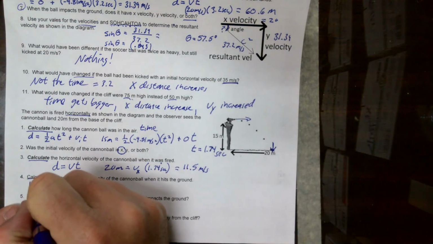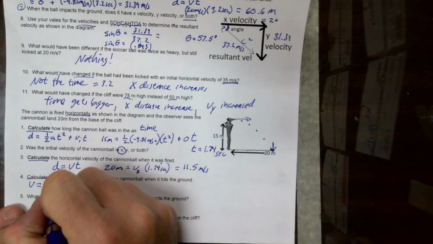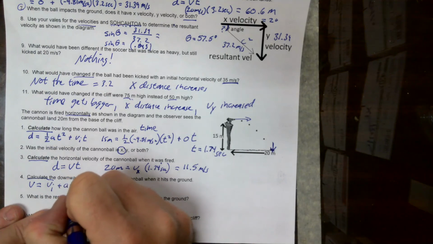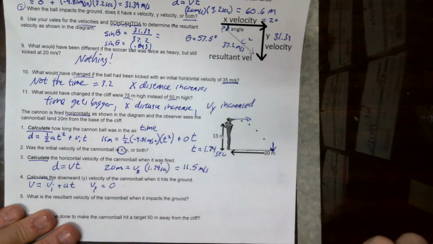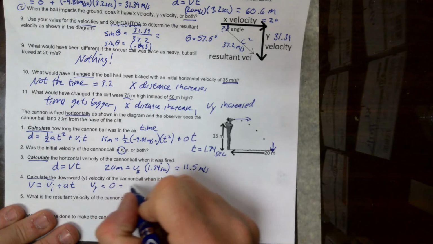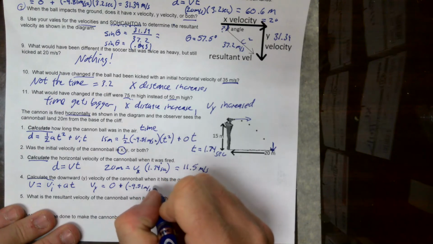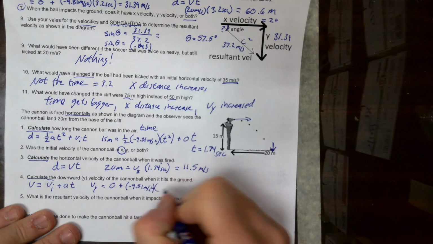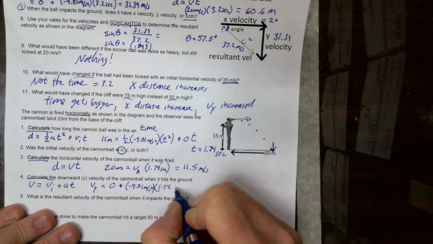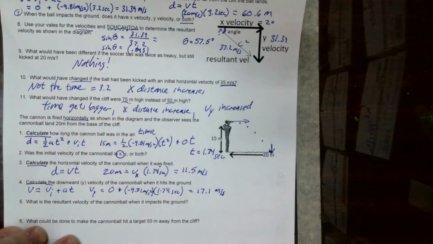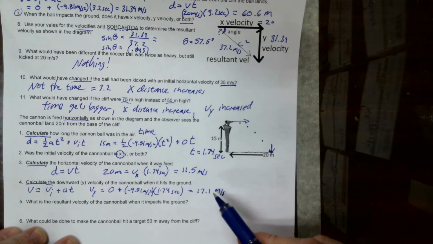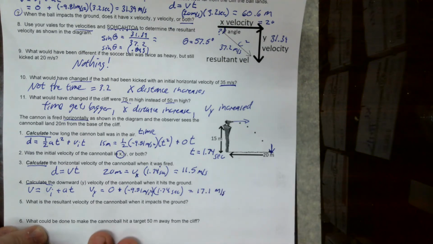So the downward velocity is equal to v initial plus a t. My initial y velocity is 0 because there was no initial y velocity, plus negative 9.81 meters per second squared, and a time of 1.74 seconds. Multiply those two, and I'll get my answer. When I crunch the numbers, I get 17.1 meters per second.